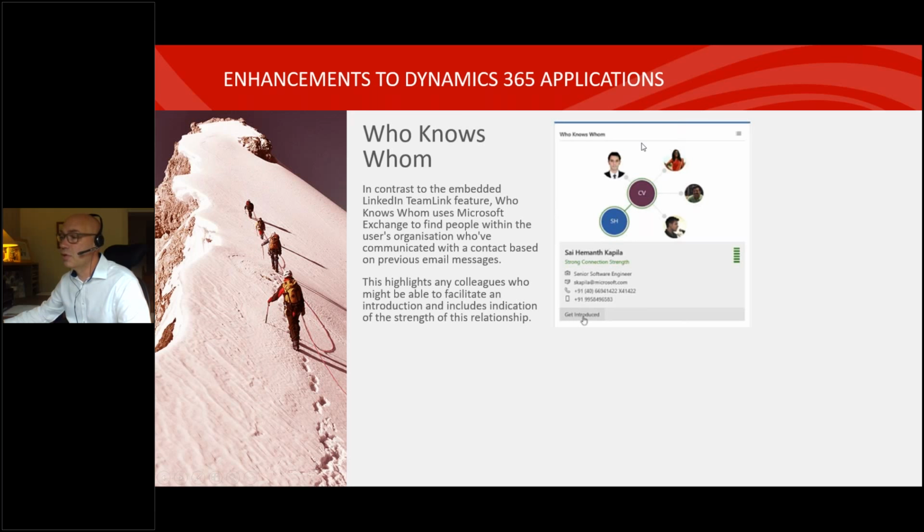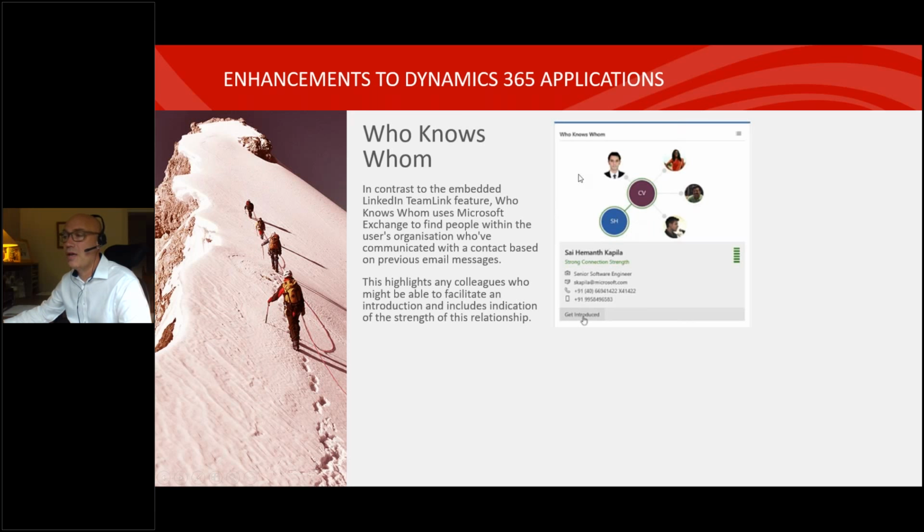And it's drawn a map of who CV knows. But not everybody is in here. I would imagine in our organization, CV has probably received emails from tens of people. What it has drawn is a map of the people that communicate with CV the most frequently. And then, more important than that, it's highlighted that Sai communicates with CV far more than anybody else.